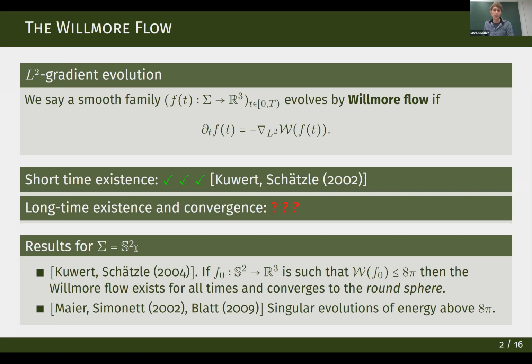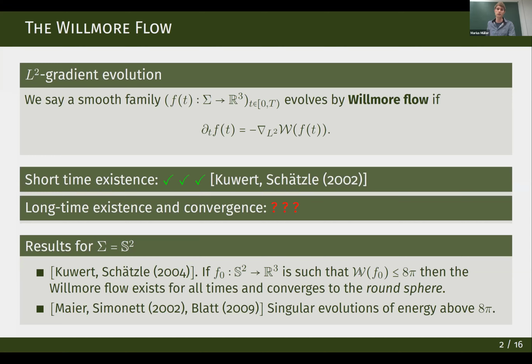And if you start the Willmore flow with such a spherical immersion that also satisfies that the Willmore energy of this initial immersion is less than or equal to 8 pi, then the Willmore flow exists for all times and converges to the round sphere. So the round sphere is the global minimizer among spherical immersions, and this will be the limit of this evolution.